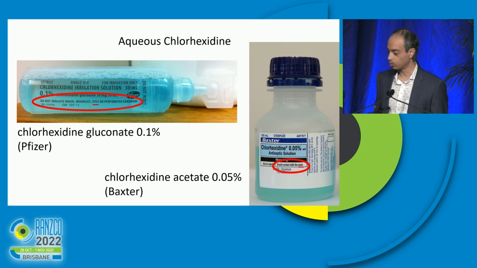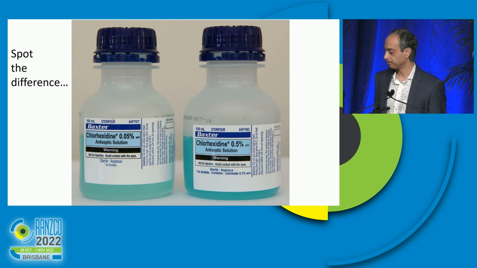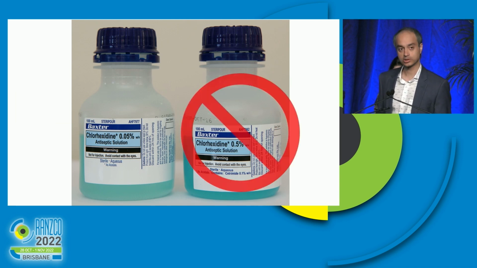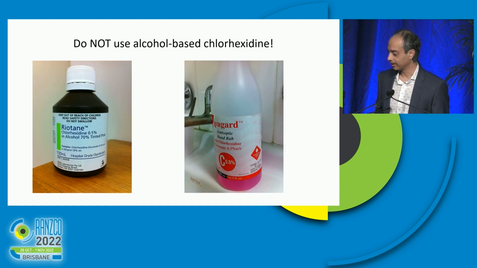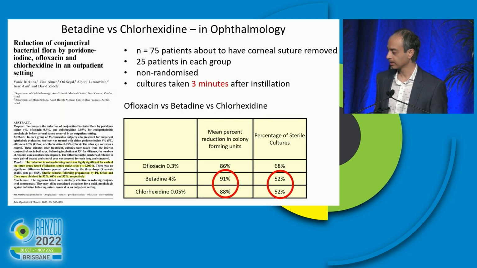They both come with a warning saying that we should not use them on the eye. It's important not to use 0.5%, which is toxic to the cornea, and they do look very similar. Up to 0.2%, however, has been shown to be safe and effective. Definitely need to not use alcohol-based chlorhexidine because, again, that's toxic to the cornea.